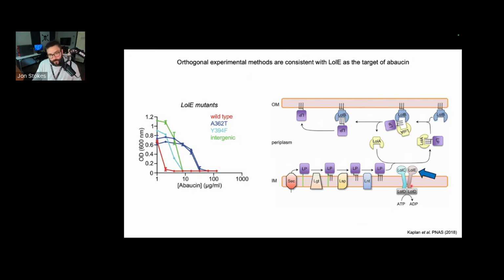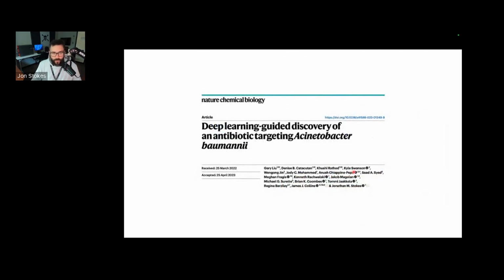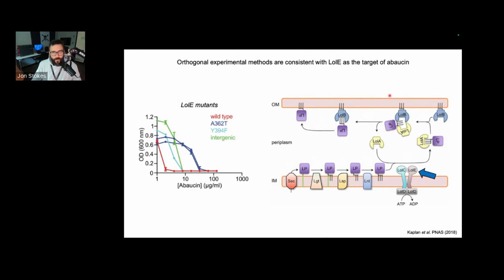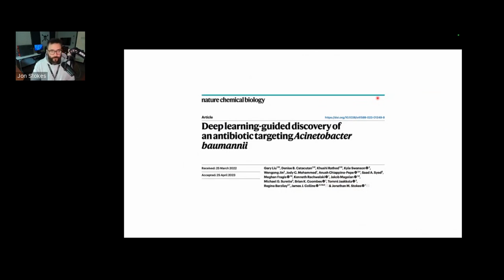LOL-E is an essential protein that plays a role in the transport of lipoproteins from the inner membrane to the outer membrane in gram-negatives. What's really interesting is that LOL-E is universally conserved amongst gram-negatives, but the mechanism through which lipoprotein trafficking happens in Acinetobacter is slightly divergent from the mechanism in a lot of other gram-negatives. And I think that's what lends itself to having this narrow spectrum activity.